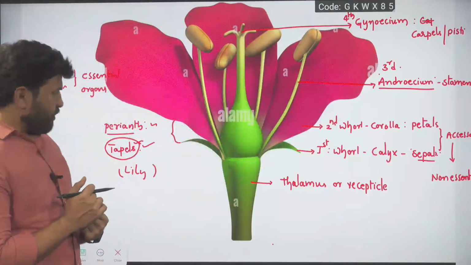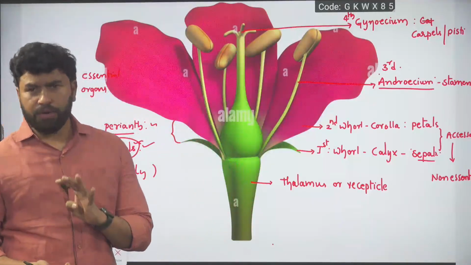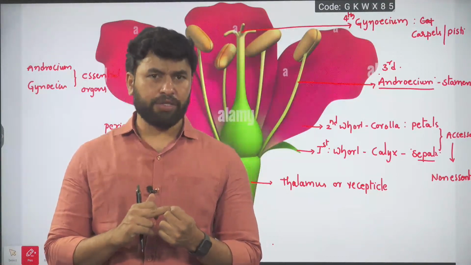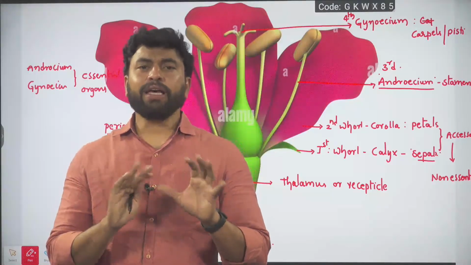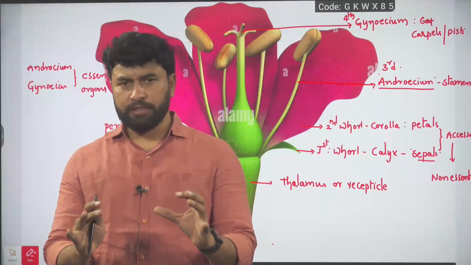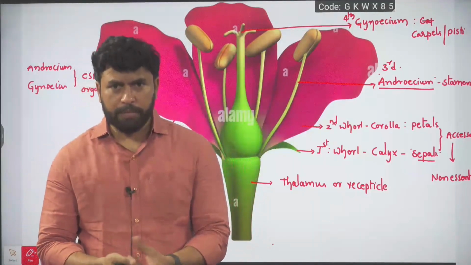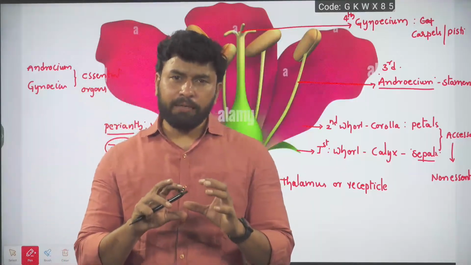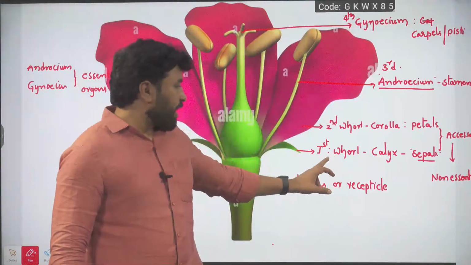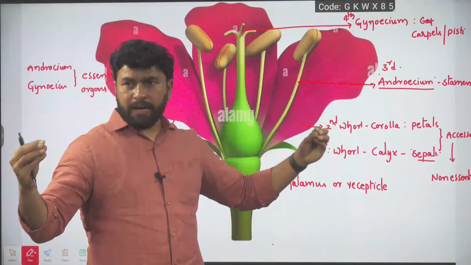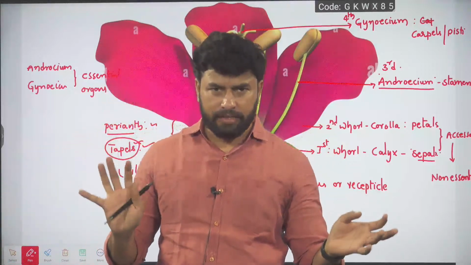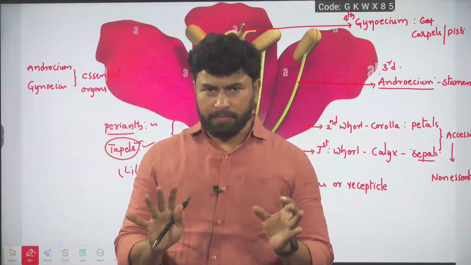Imagine, a typical flower possesses four whorls: calyx, corolla, androecium, gynoecium. What happens after the flower has completed its work, which means the flower has produced for sexual reproduction? Calyx and corolla typically fall down. Generally, after the flower has been pollinated or fertilized, sepals and petals fall down.